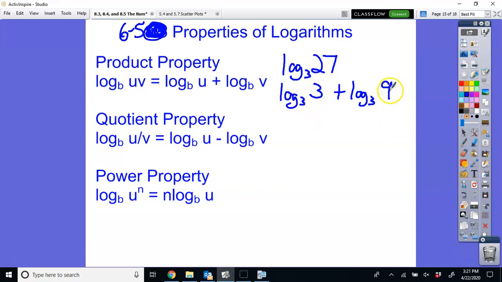Log base 3 of 9 is 2, because 3 squared is 9. So this is 1, this is 2, 1 plus 2 is 3. So the answer to the whole thing is 3. Yes, we already knew that, right?